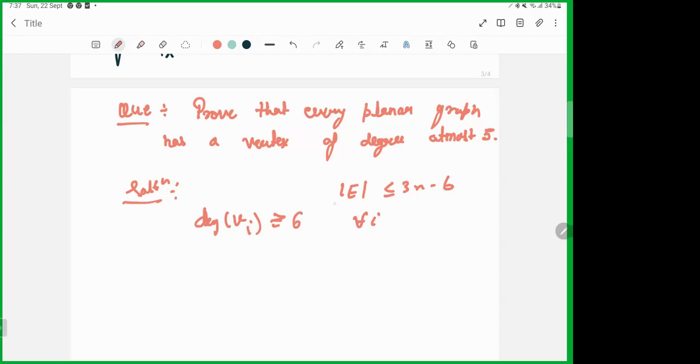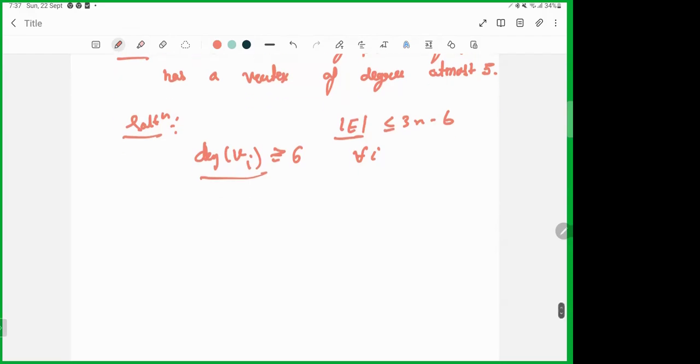Now what is the connection between edges and vertices? The sum of the degrees of the vertices equals twice the cardinality of E, right?